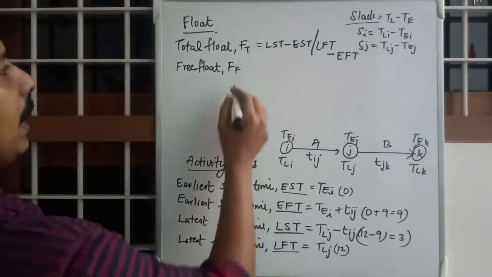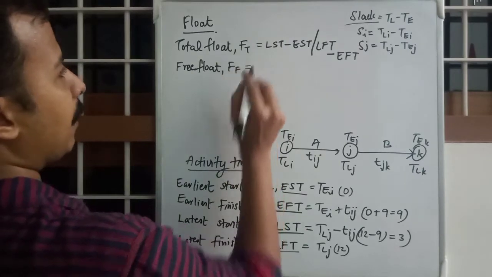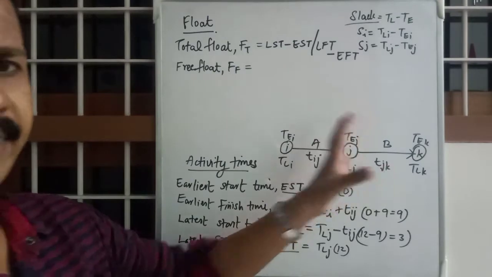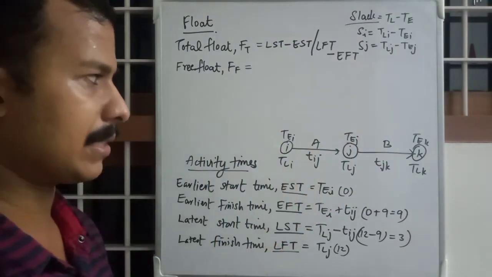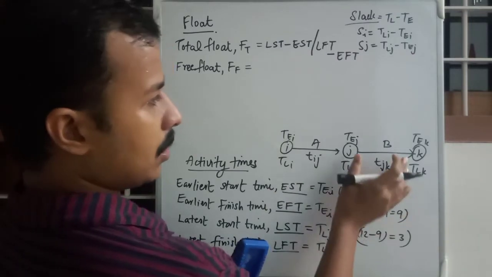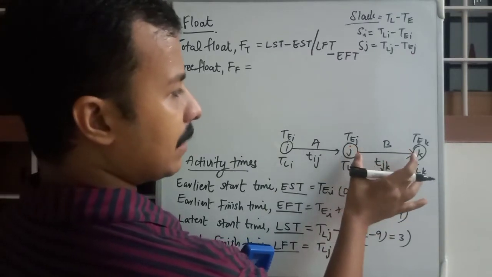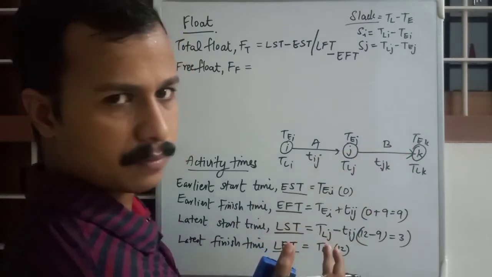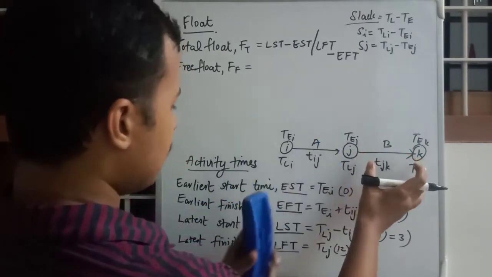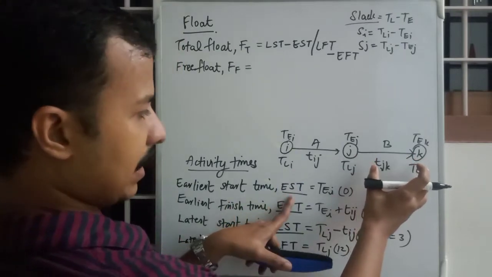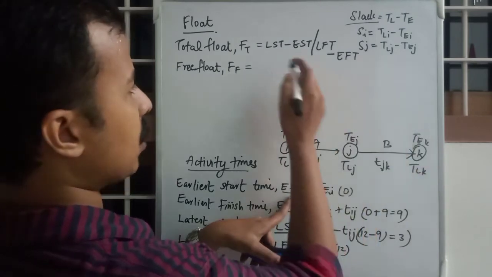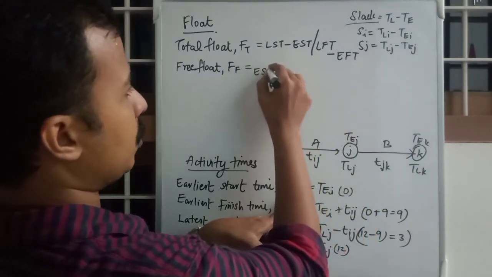That is the concept. And how can free float be calculated? You can find it out by logical means, just logical means. Okay, by logic, the requirement is that activity B should not be affected in any case. So that time value will be the early start time of B, right? The early start time shouldn't be affected.